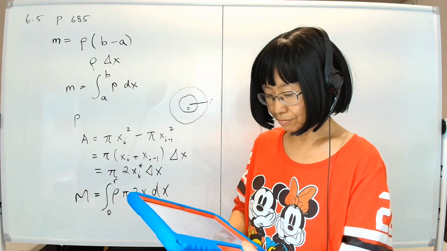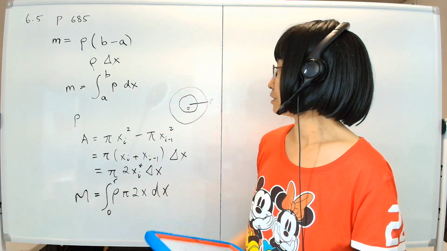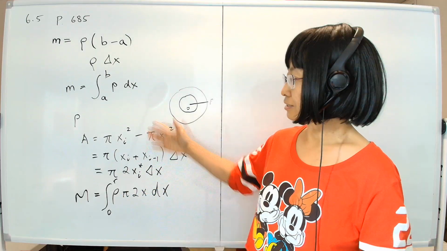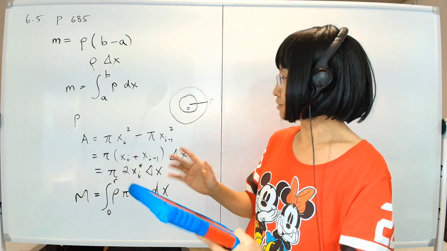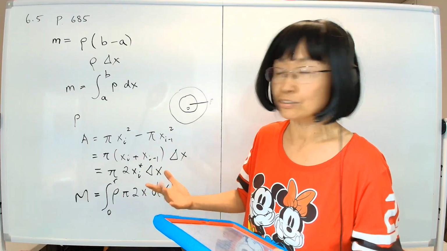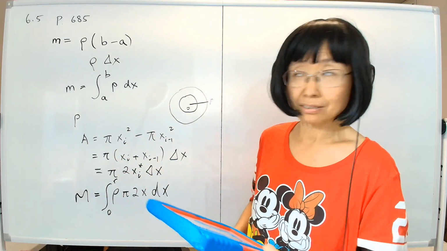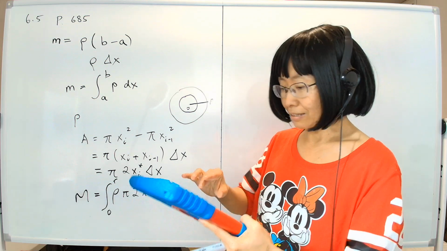Now that we have come up with how this is done, as you can see, it's done the same way we've always done it. You just have to pay attention to some details in geometry and figure out what the area is, and then multiply by all the stuff you're supposed to multiply, and out comes your formula.